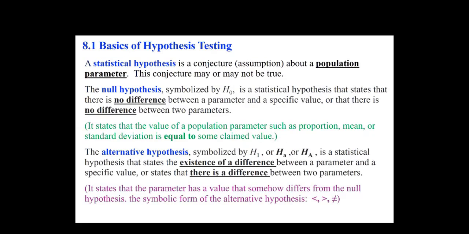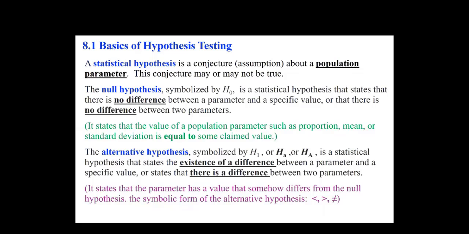A statistical hypothesis is a conjecture or assumption about a population parameter. This conjecture may or may not be true. So we have an opinion, an idea, and we are testing it.